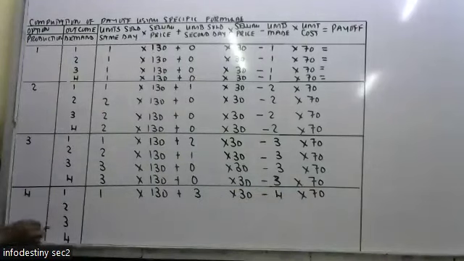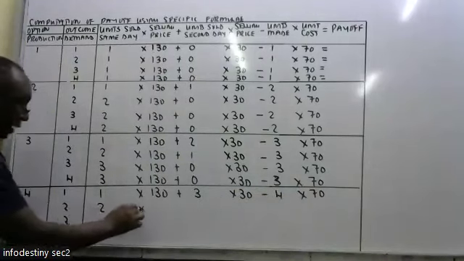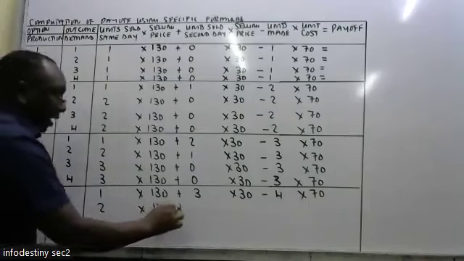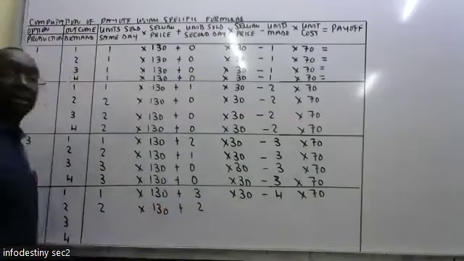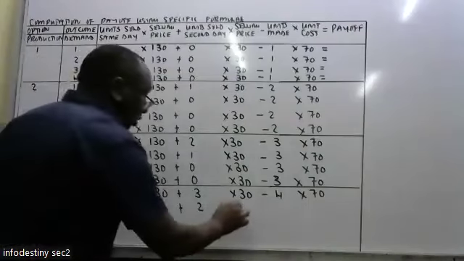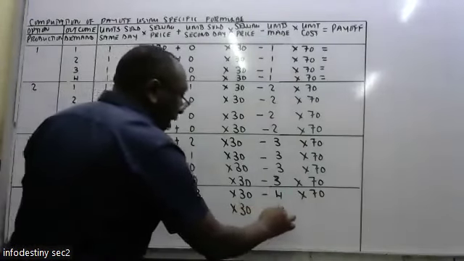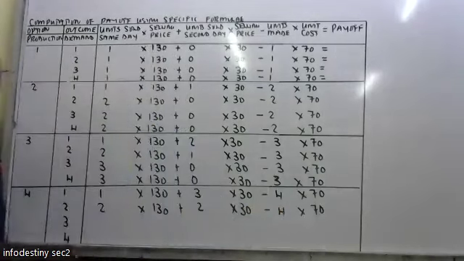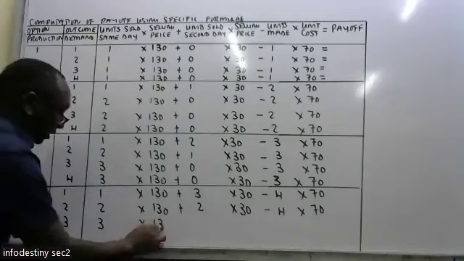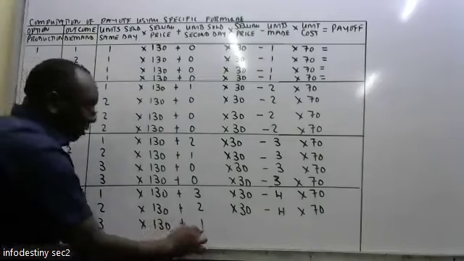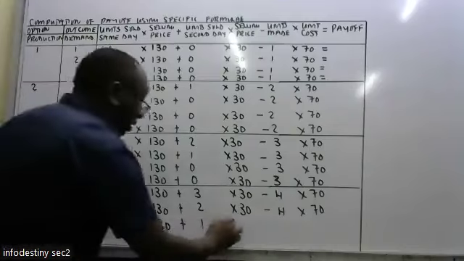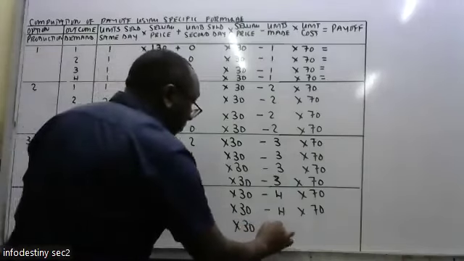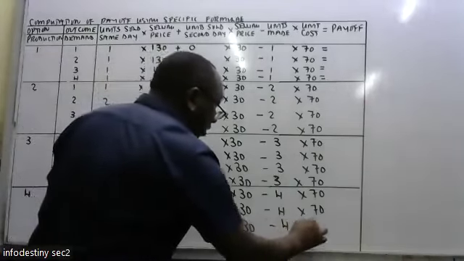If 2 customers come, you sell 2 at 130. And now how many remain? 2 to be sold at 30, minus you have baked 4 at 70. Then if 3 come, you sell 3 at 130. How many remain? 1 times 30, minus you have baked 4 at 70.